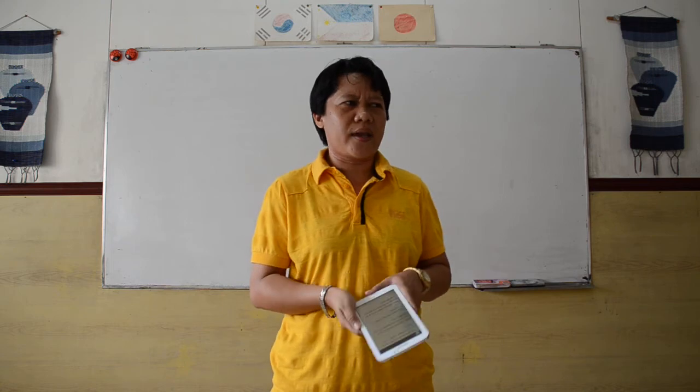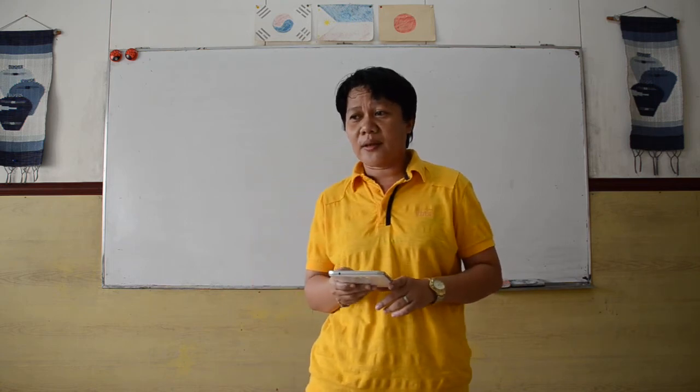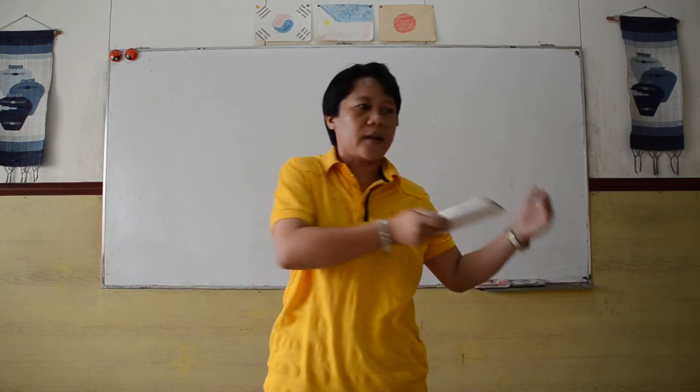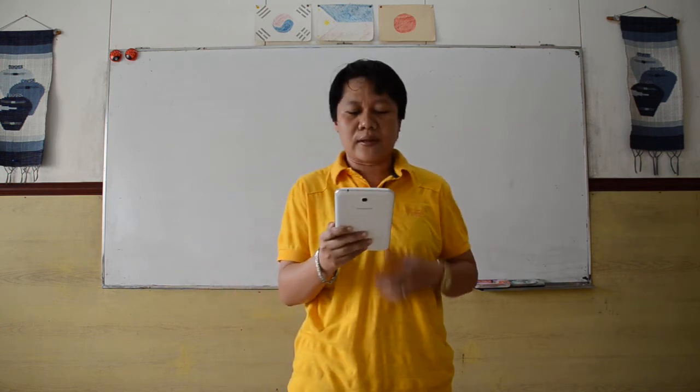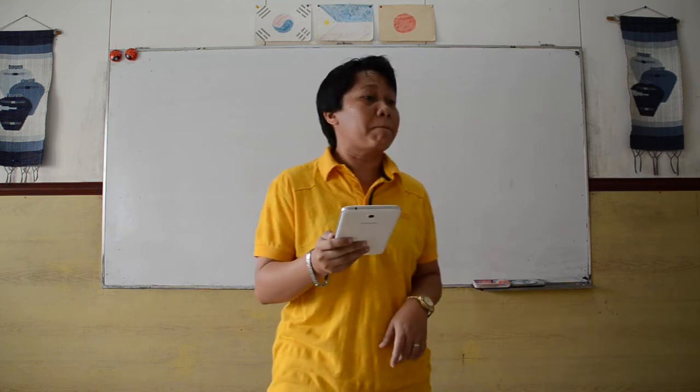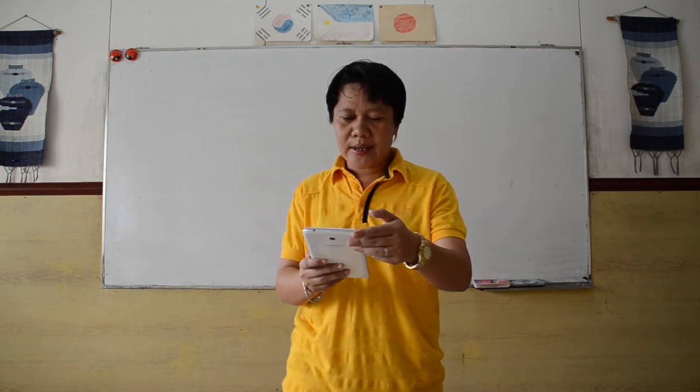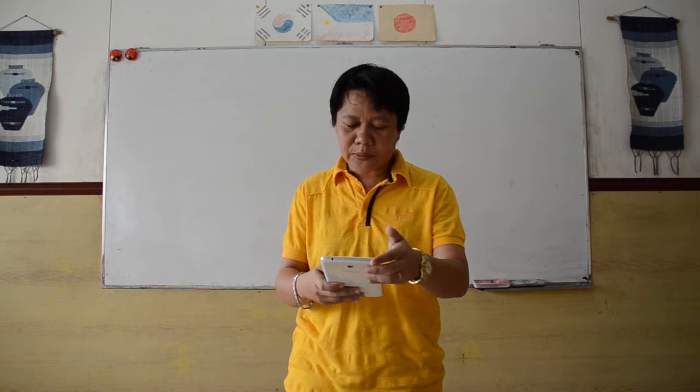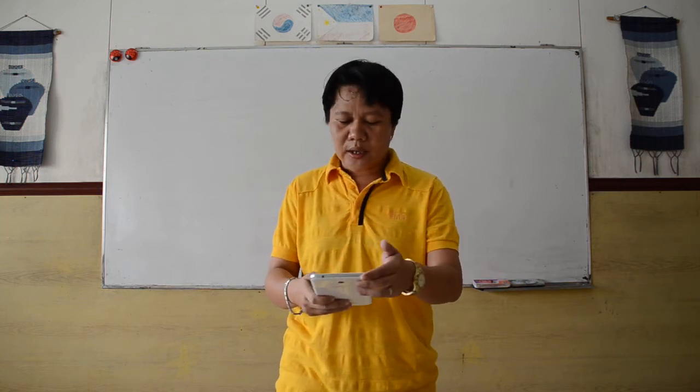Am I sitting in class? Yes. It started 30 minutes ago and now I'm still sitting in class. So how long have I been sitting in class? For 30 minutes.